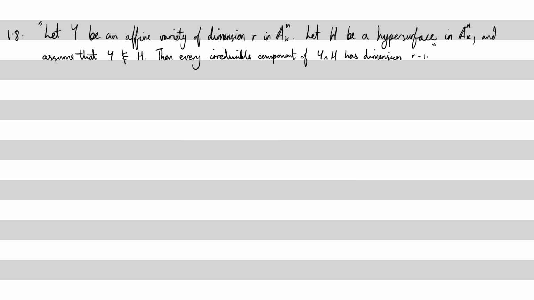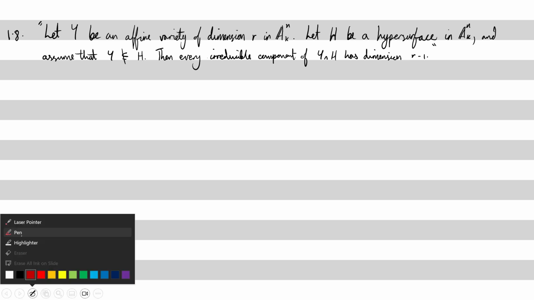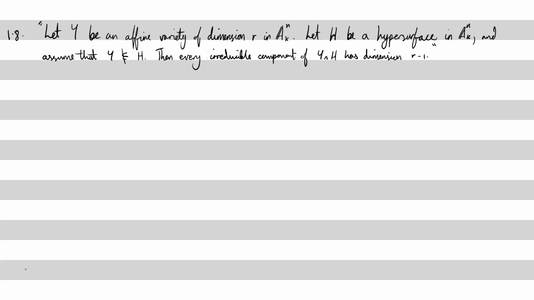This question asks us to show that the dimension of the intersection of an affine variety with a hypersurface not containing it has dimension 1 less than the dimension of the variety. Now we are going to use a couple of facts.